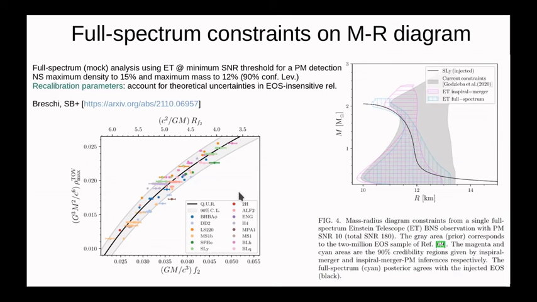The other plot shows an example of constraint on the mass-radius diagram that combines the inference with the inspiral-merger only, that's the red part, and instead the complete model, which is in blue. And this is then the minimal SNR detection threshold, the minimal SNR that allows the detection of the post-merger.